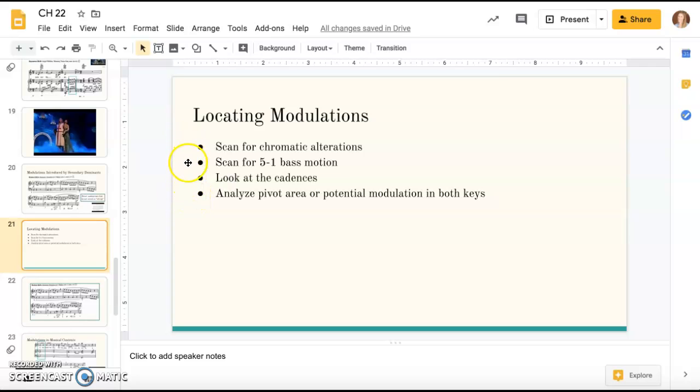The first things that should stand out are those first 3 bullets. Looking at the cadences, looking for 5-1 bass motion, especially at a cadence, and looking for how long you've been within whatever key that cadence suggests. These things will show you where that modulation is, and then this part will help you locate maybe where it starts.